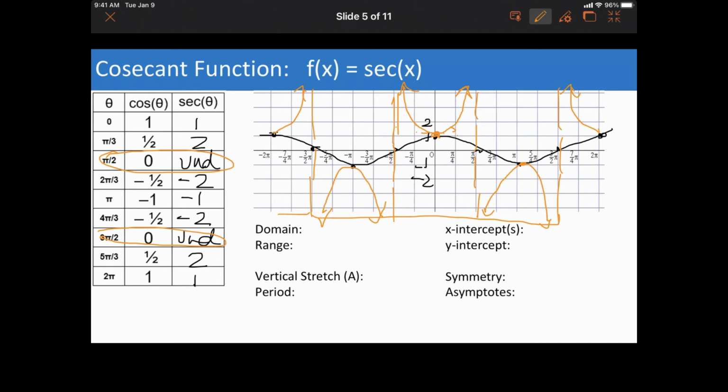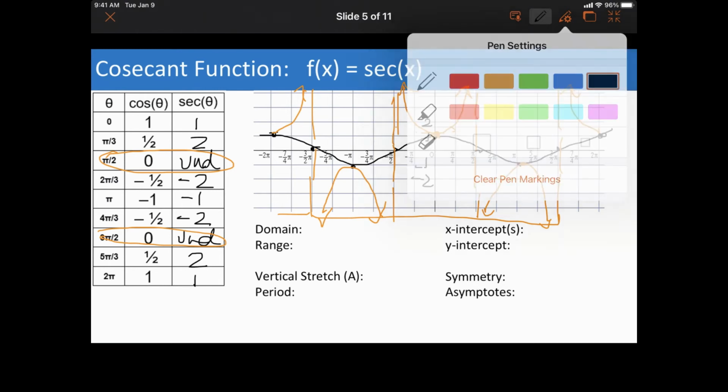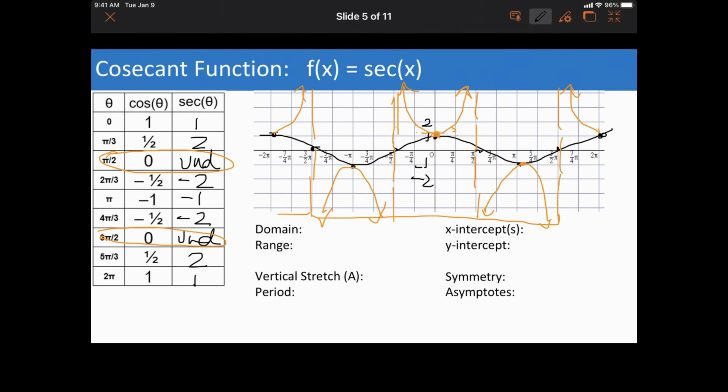All right, so domain. Again, domain's a little different. I'm going to do the asymptotes first. So where are the asymptotes? So the asymptotes are -3 pi over 2, pi over 2. Doesn't sound familiar. So what's in common? I have pi over 2 in common.